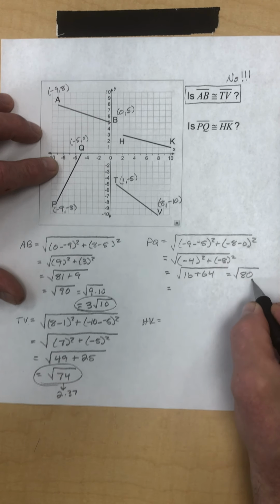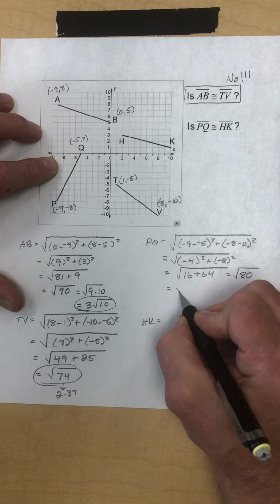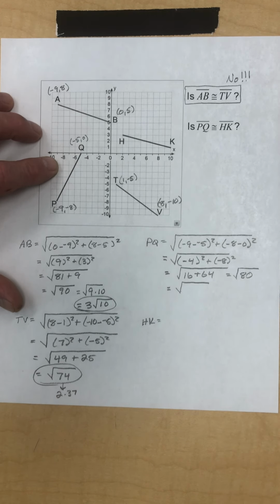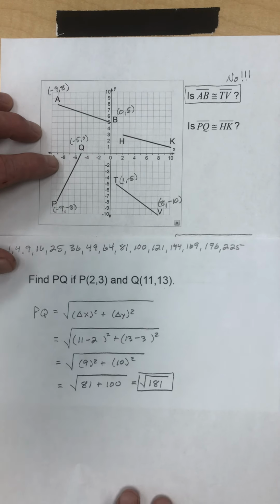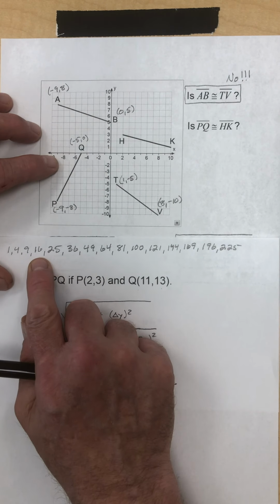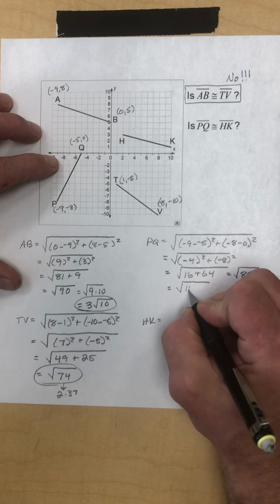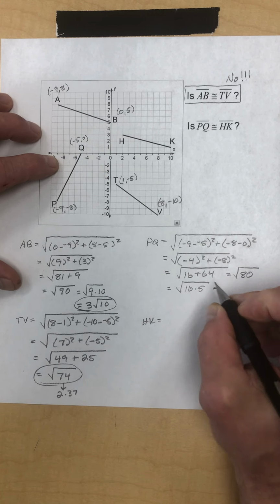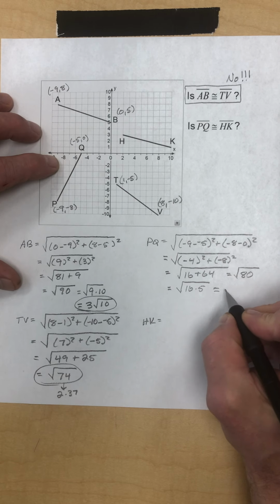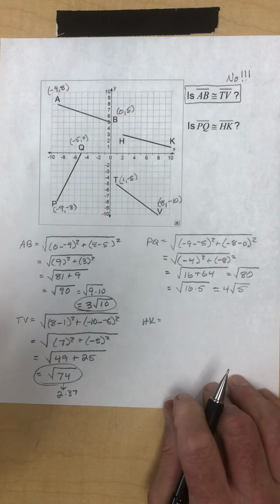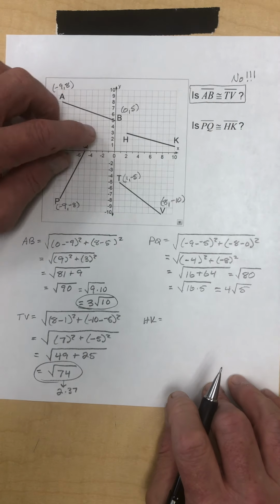Now we did square root of 80 in one of the videos. You have a factor of 16, and remember here, 16 is a perfect square number. That's what we're looking for. 80 is 16 times 5. So the square root of 16 is 4, and then you can't do anything with the square root of 5.